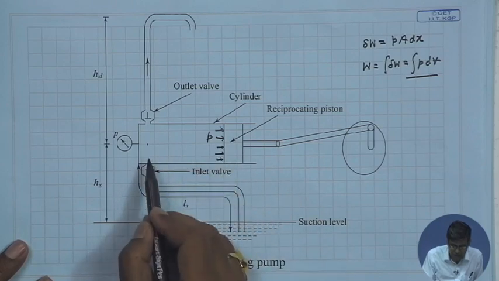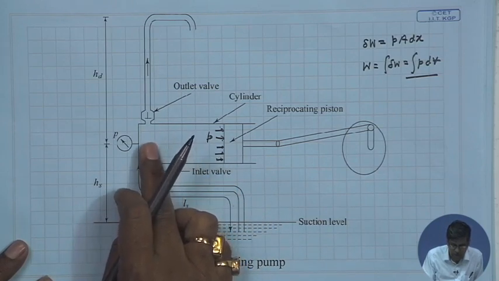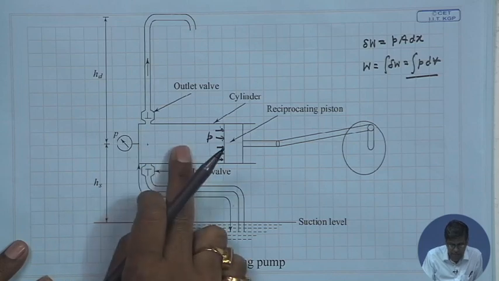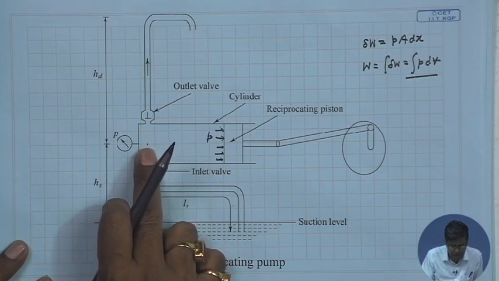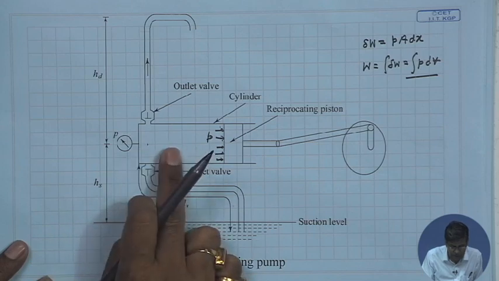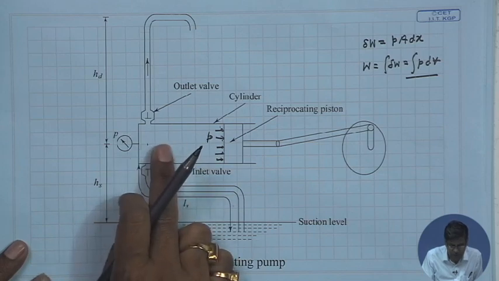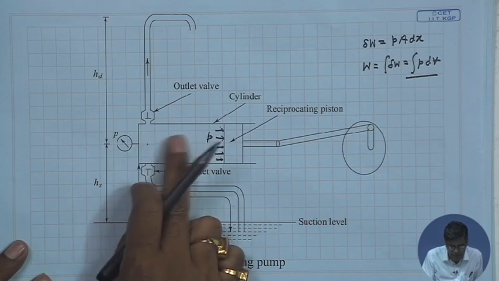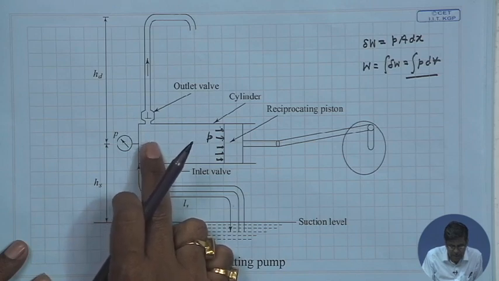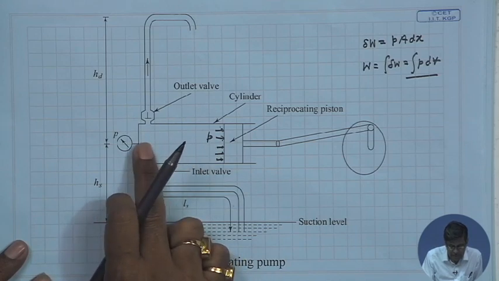Now, in the suction stroke, what happens at the beginning is that the fluid has an acceleration. The fluid has zero velocity here at the inner dead center position. When it starts from the inner dead center position, the velocity increases, but the acceleration decreases, though there is a sharp acceleration at the beginning.